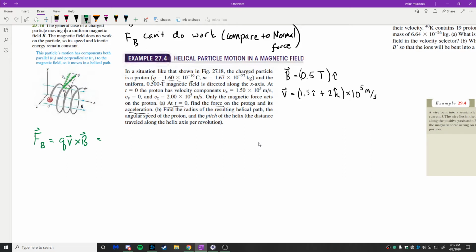Q is 1.6 times 10 to the negative 19, multiplied by V. So you put in here, okay, there's our velocity vector. And we need to take the cross product of this with the magnetic field.